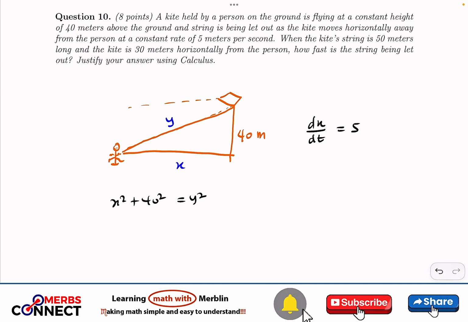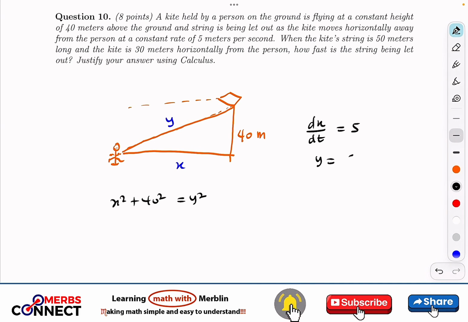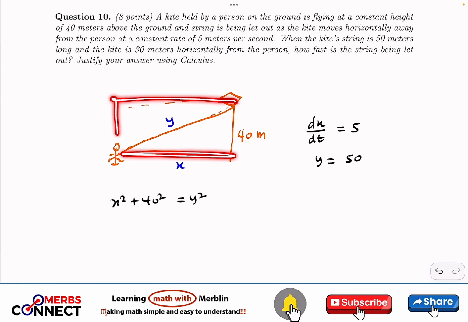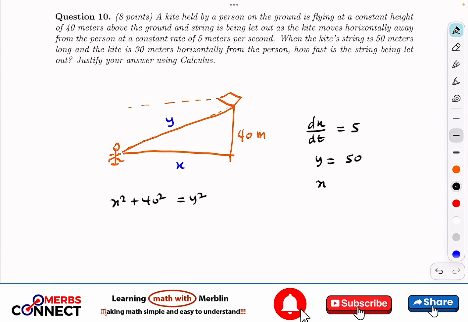Good. Now, what is the kite string? When the kite string is 50, y is equal to 50 meters, and the kite is 30 meters horizontally from the person, so x is equal to 30.